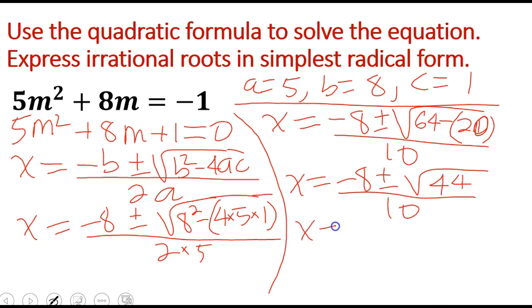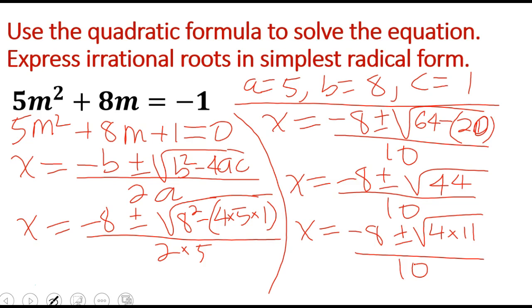So now let's see if there's a perfect square that goes into 44. 4 times 11. 4 is the perfect square, so 4 times 11 would give us 44, all over 10. So let's continue on the side.